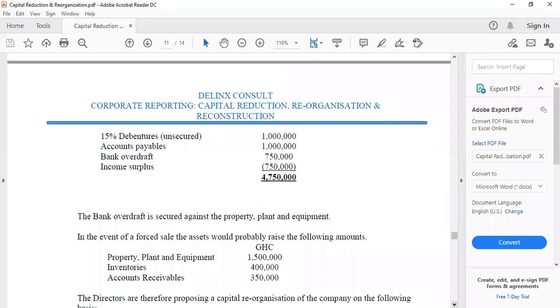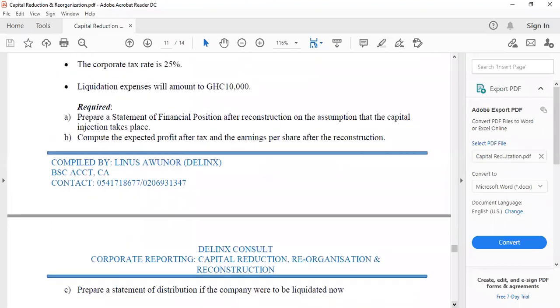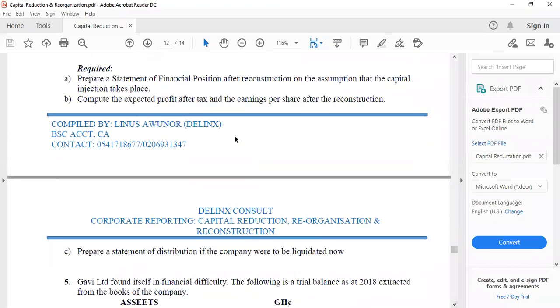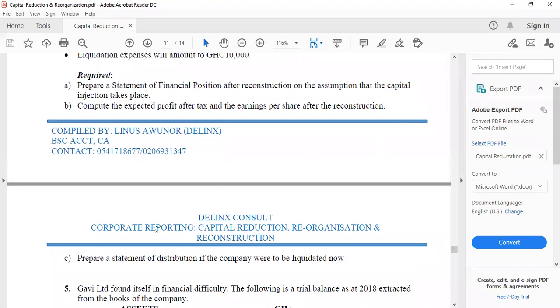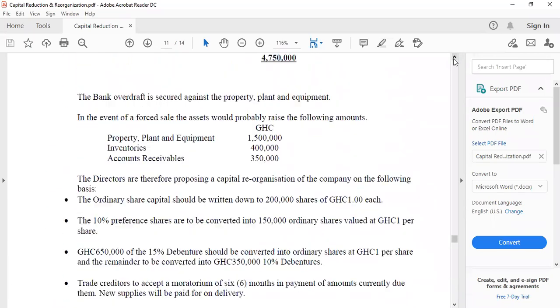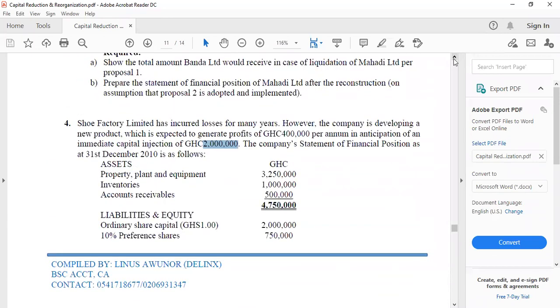Thank you. All right. So we are done with this part. We are done with the first one. Compute the expected profit after tax and the earnings per share after the reconstruction. So let's look at the question, the B part, after the reconstruction.